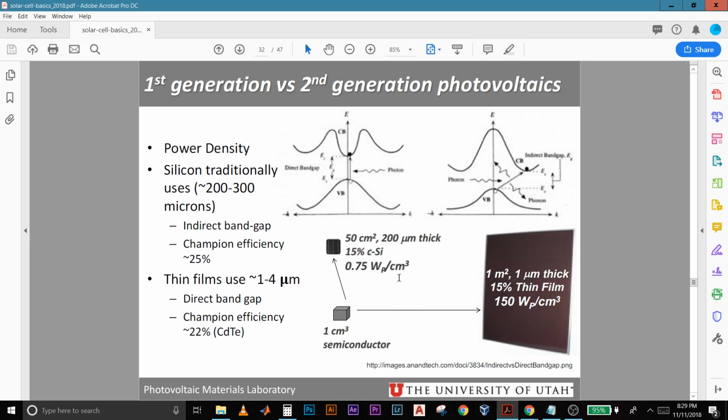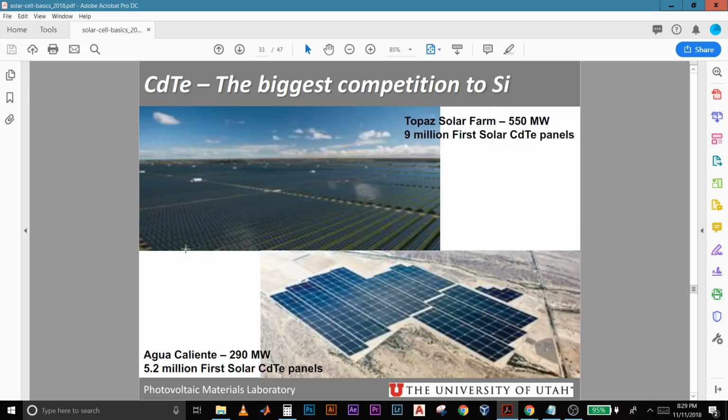So if you have a thin lightweight device which can generate the same amount of power as a very thick heavy device, it's always advantageous. So cadmium telluride has made big progress in this field and is considered the biggest competition to solar cell technology which uses silicon.